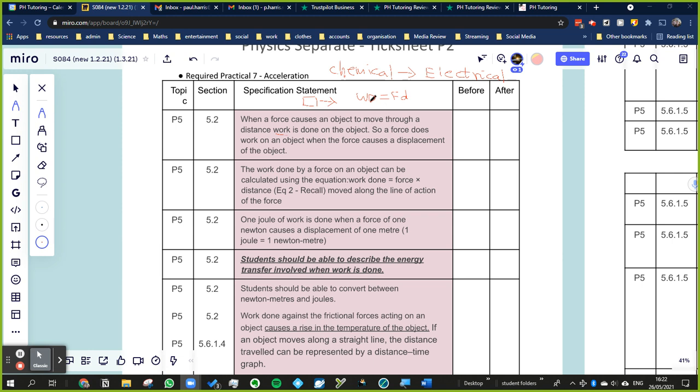The energy transfer was chemical to kinetic to heat. Or more accurately, it was chemical to kinetic and heat, and then from kinetic to heat, because as it was going from chemical to kinetic, it was also producing heat at the same time. But if we ignore the first lot of heat, it's basically chemical to kinetic to heat.